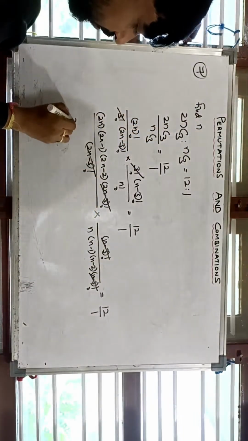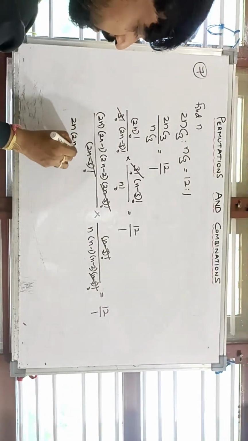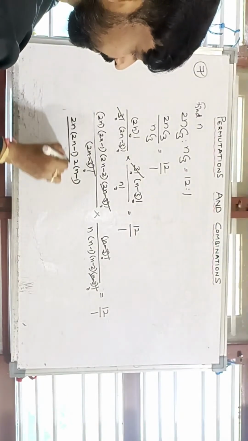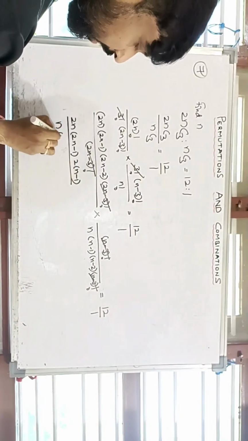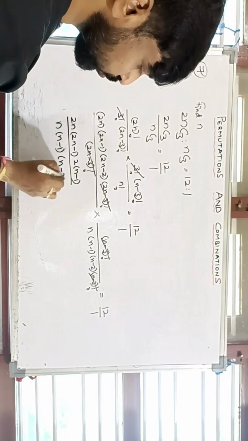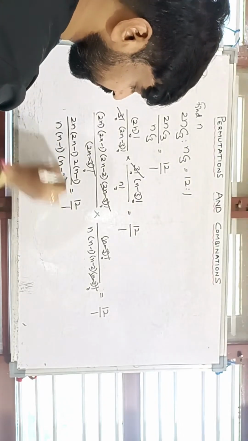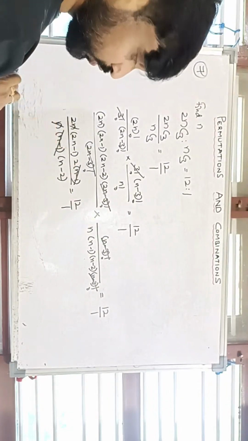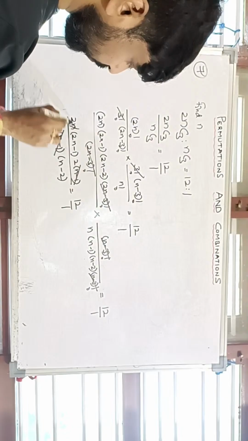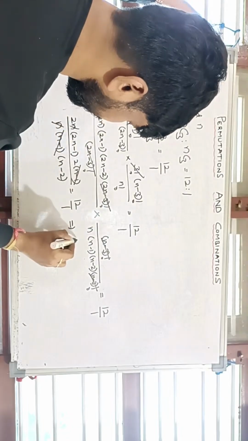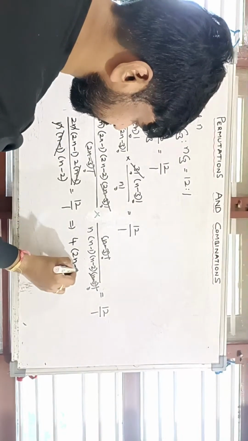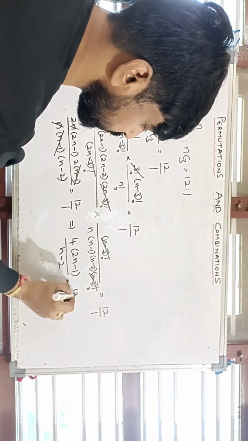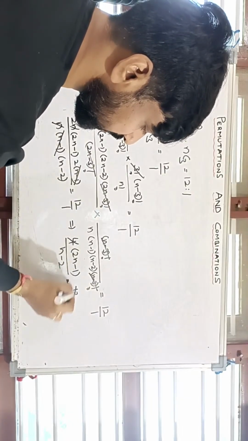Then you write 2n into (2n minus 1) into 2(n minus 1) by n into (n minus 1) into (n minus 2) is equal to 12 by 1. (n minus 1) cancels, n also cancels. You get 2 twos are 4, which implies 4 into (2n minus 1) by (n minus 2) is equal to 12 by 1. 4 threes are cancelled.